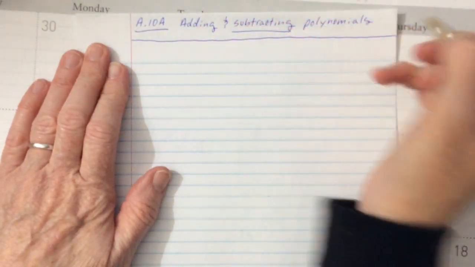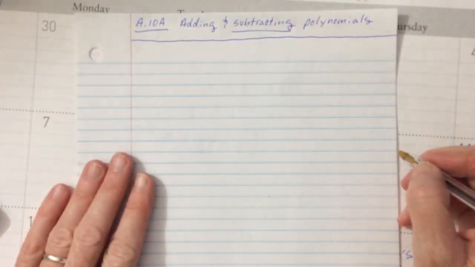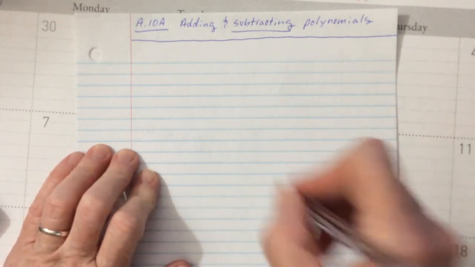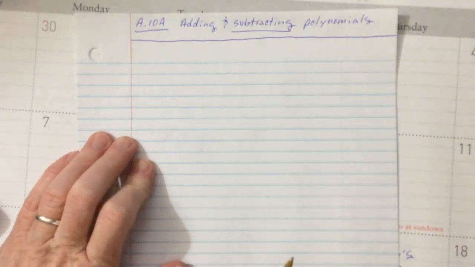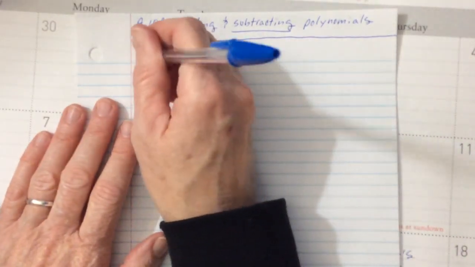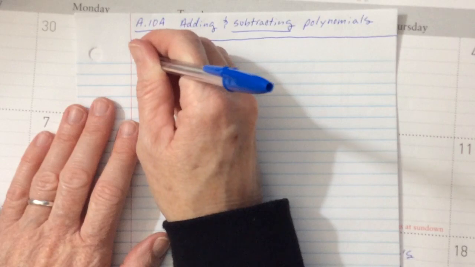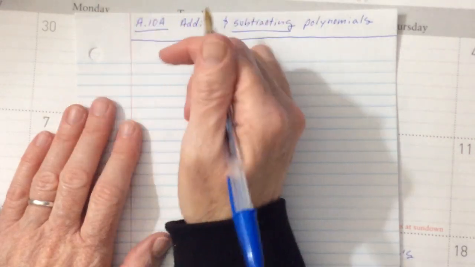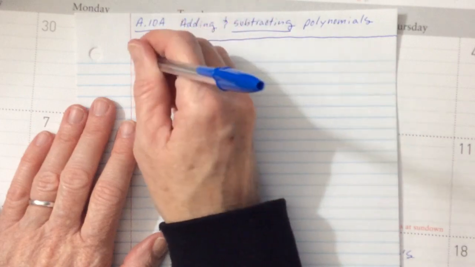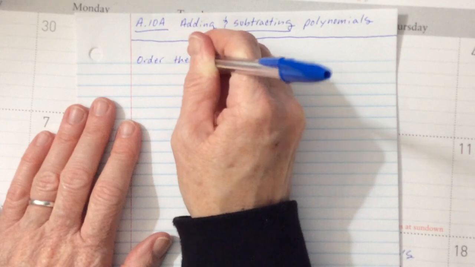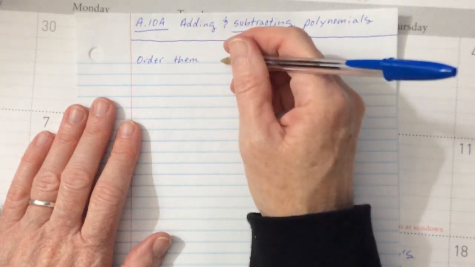And since we understand we're just going to simplify, combine like terms, I'm going to pretty much do just examples on the notes. I do want you to understand that when you're simplifying your polynomials, you need to order them. And this is from yesterday, from the work I checked.